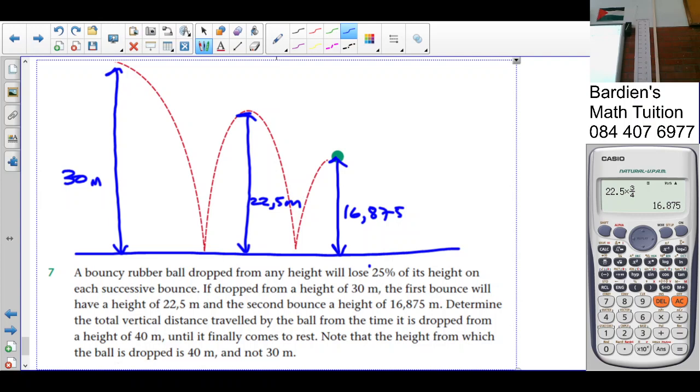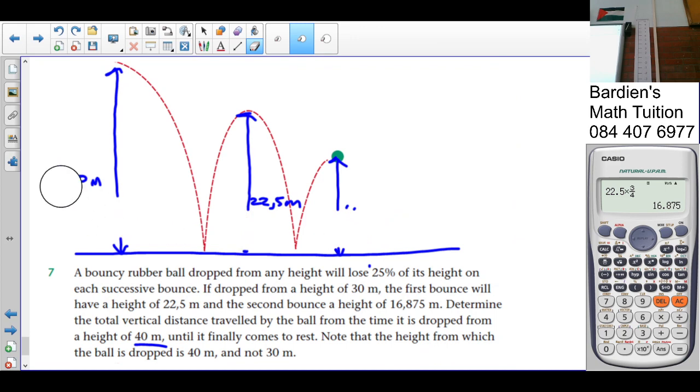Okay, so determine the total distance traveled by the ball from the time it is dropped from a height of 40. So this is a different pattern here. In reality, it's actually dropping from a height of 40.